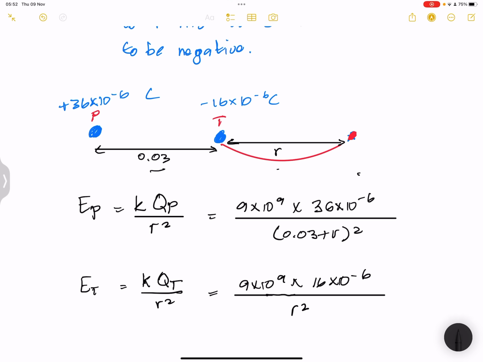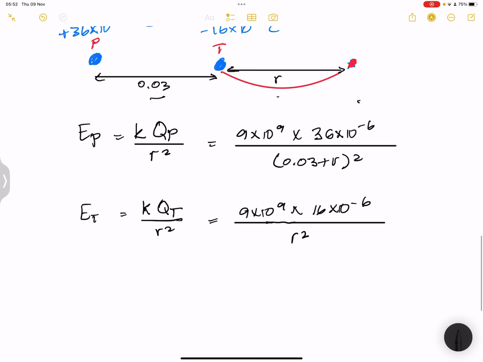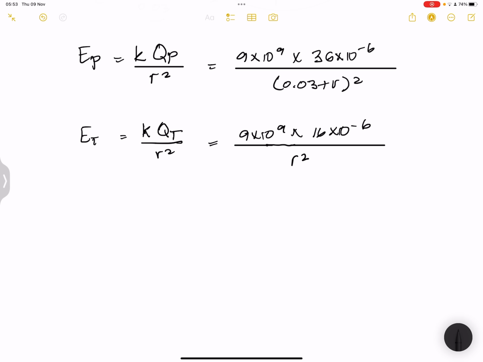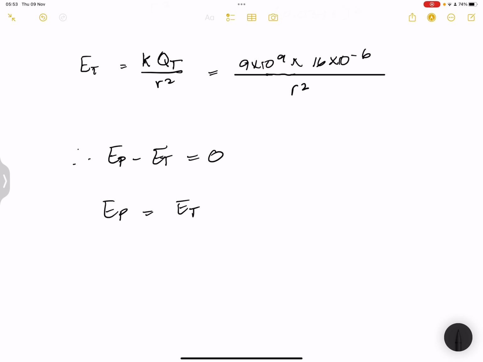We don't know what the distance is there, so we say divide by R squared. But what do we know? We said in this case it would remain stationary. So what does it mean? It means that the two fields, EP minus ET, would give us 0. And so it means that EP is equal to ET. So I'm going to put those expressions there.